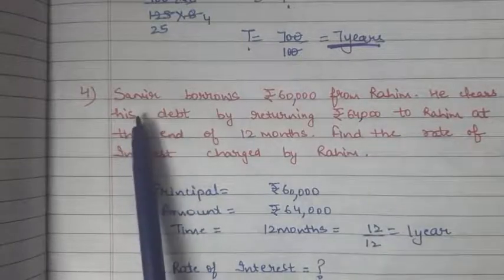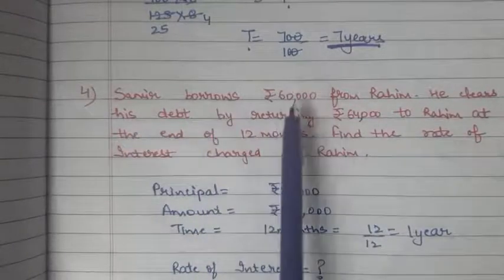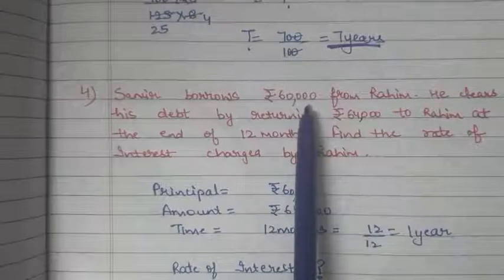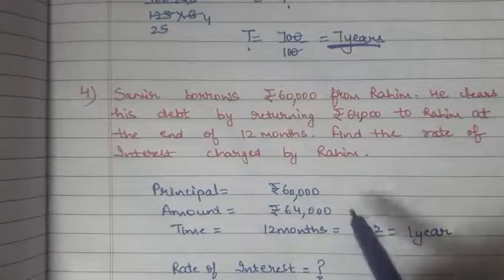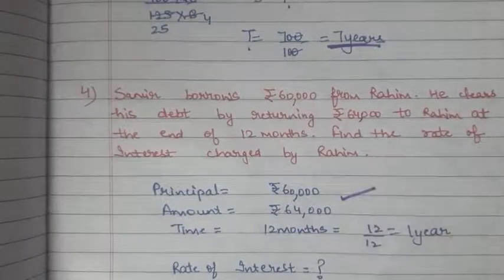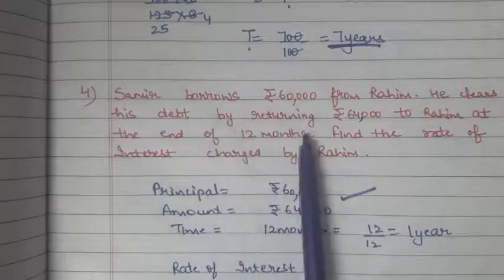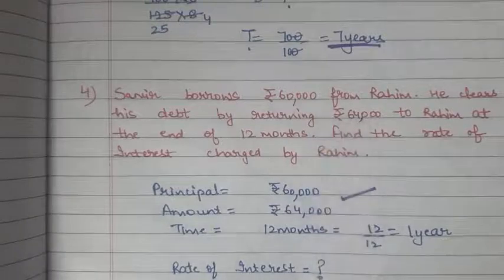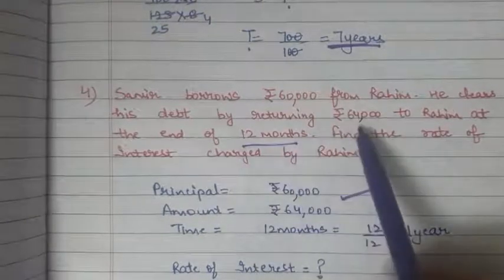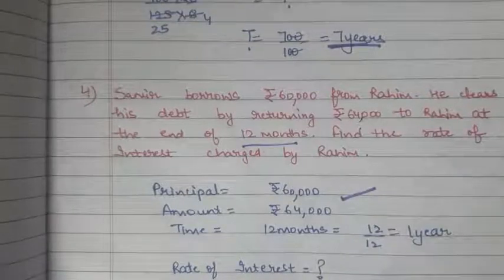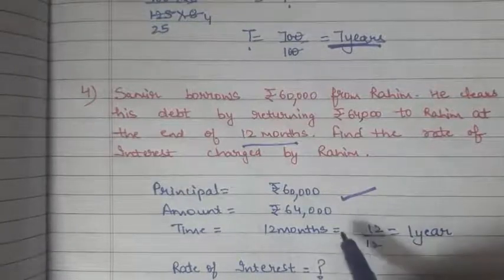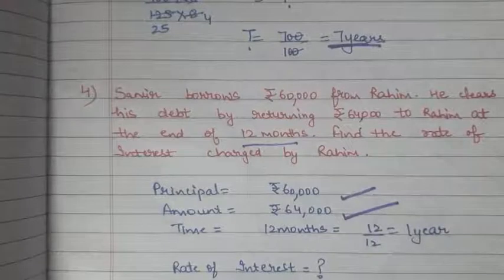Now Samir borrows 60,000, means this is the principal. Now he clears his debt by returning 64,000. So after 12 months he is returning 64,000, means this is the amount.